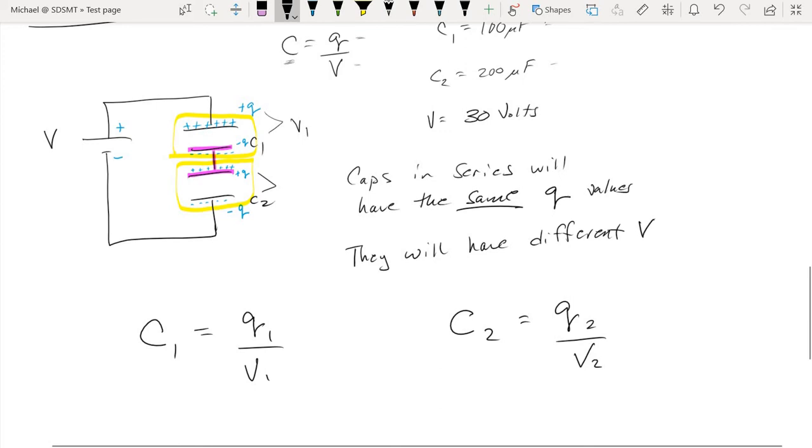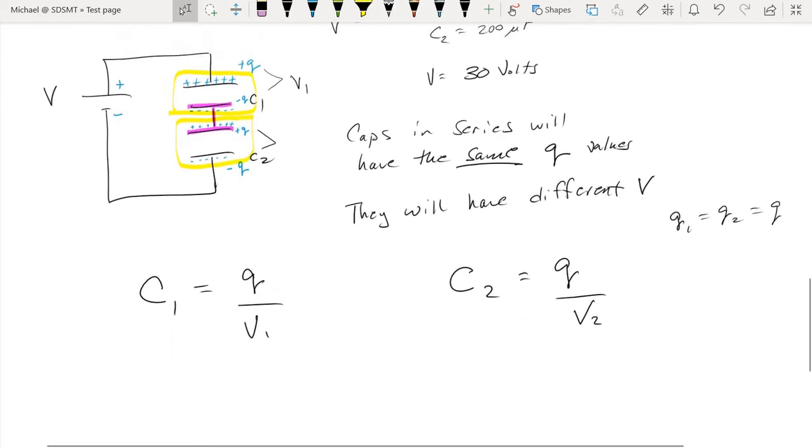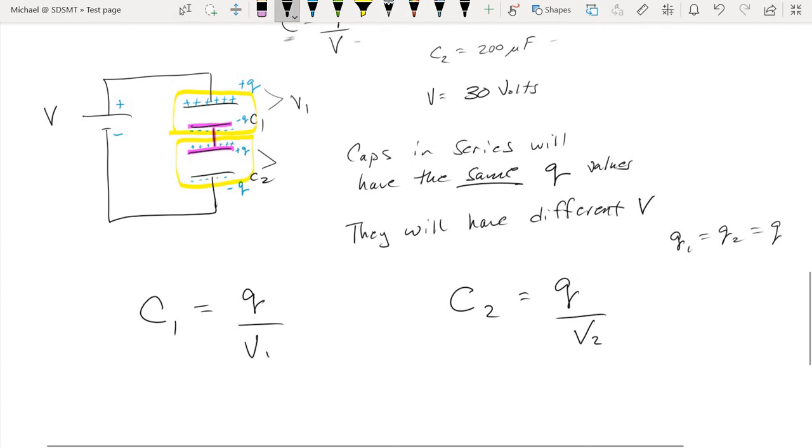Capacitor 2 has the same charge, so Q1 is equal to Q2, and we might as well just call both of them Q so that we don't get ourselves confused here. But capacitor 2 is going to have a different potential difference between its plates.